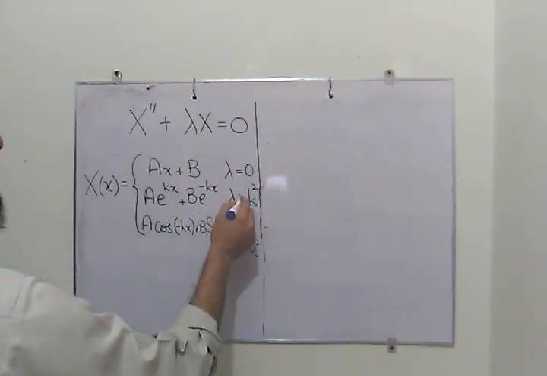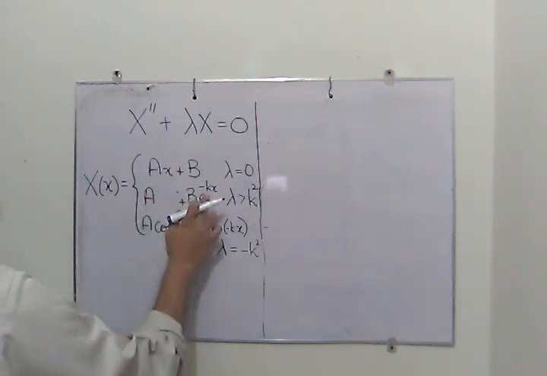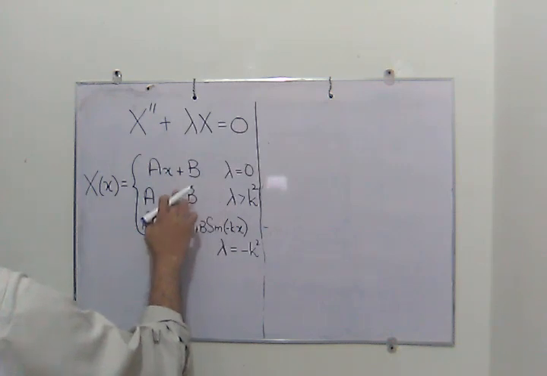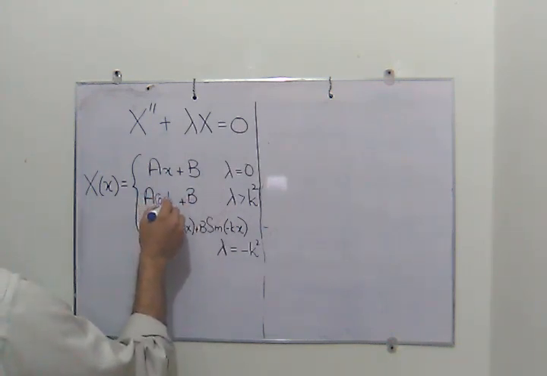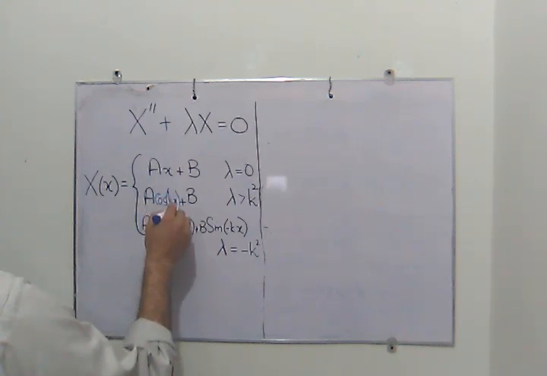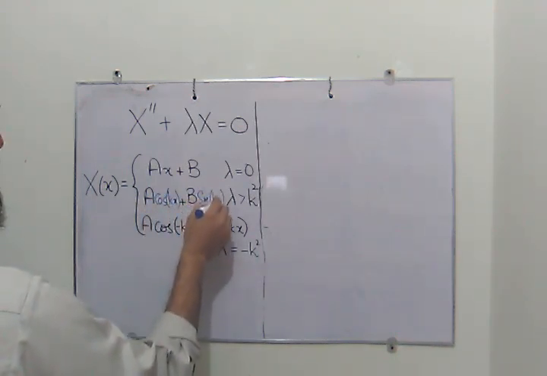for lambda greater than 0, this is the cos and sine, a cos kx and b sine kx.